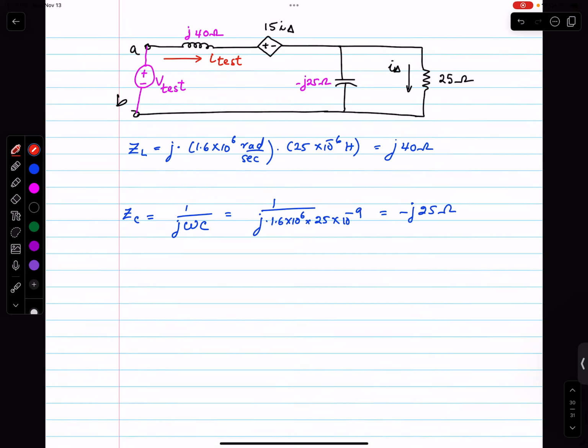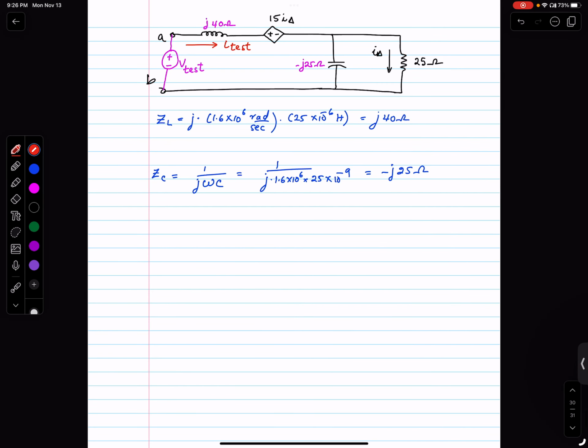So let's see. It's a pretty simple problem. Remember everything that you did in the steady state analysis. We are going to do something very similar here. Step one is to apply KVL around the outside loop.